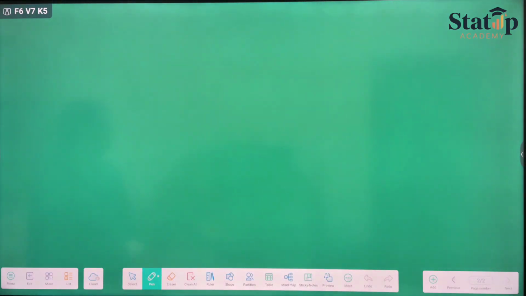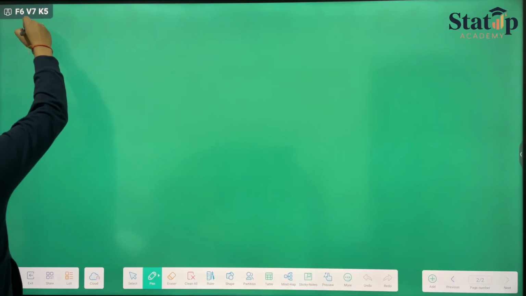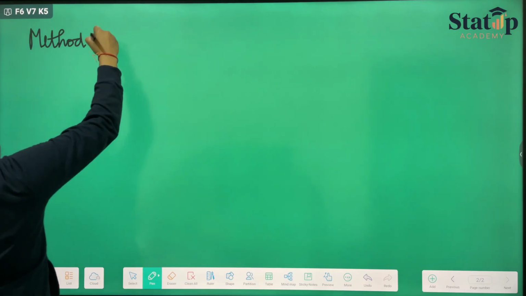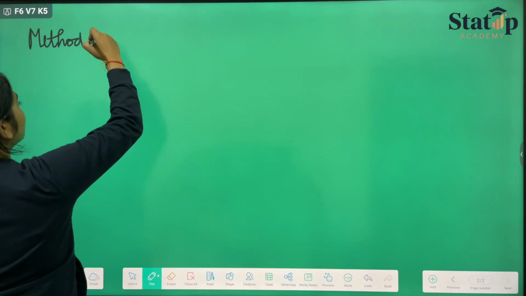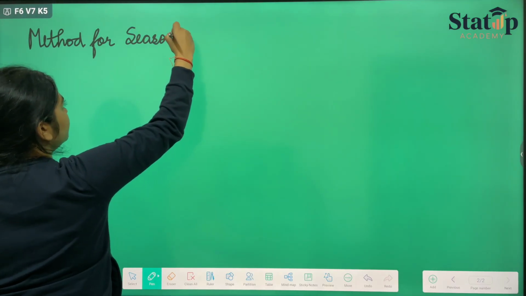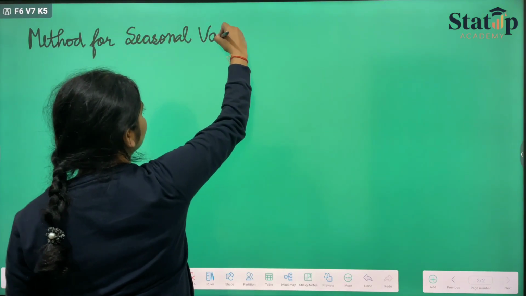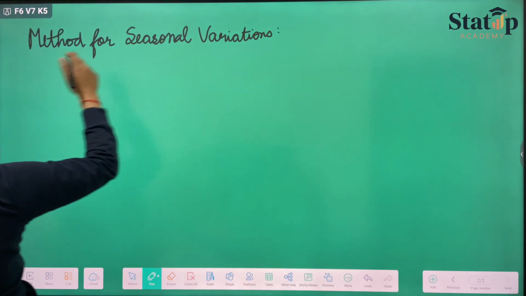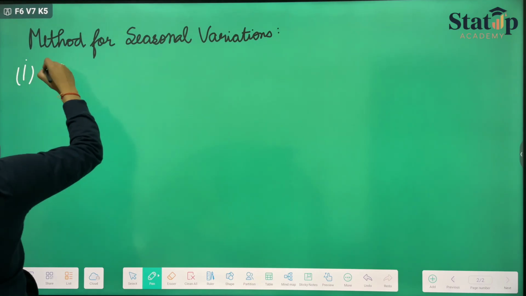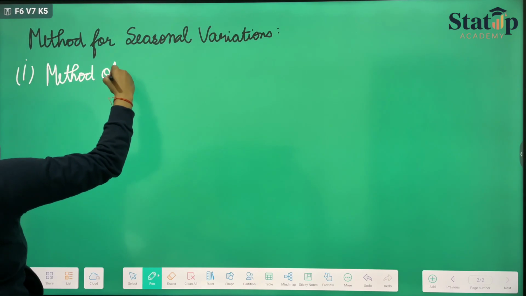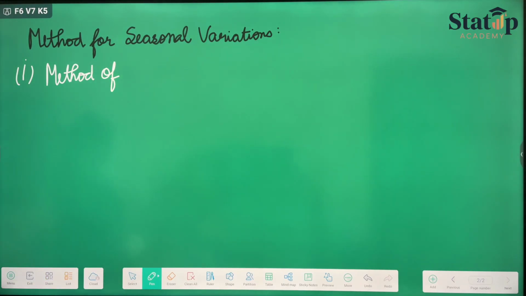There are four types of methods for seasonal variations. The first method is the method of averages, or we can say the method of simple averages.